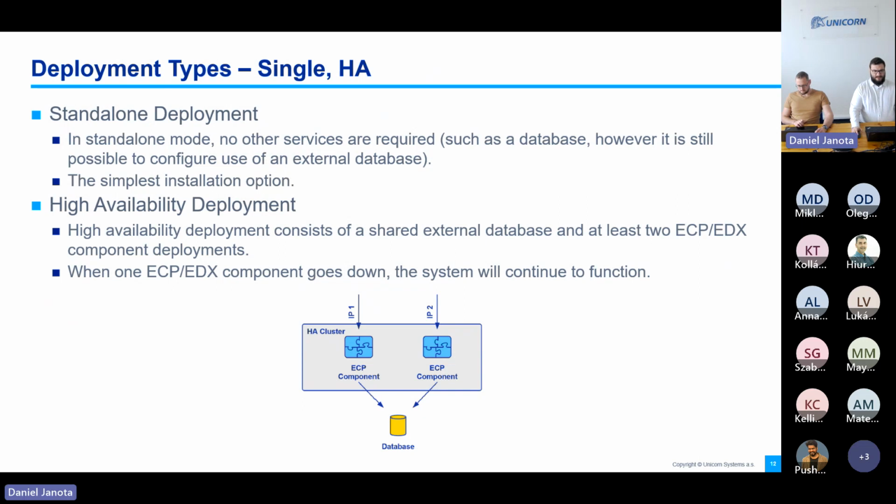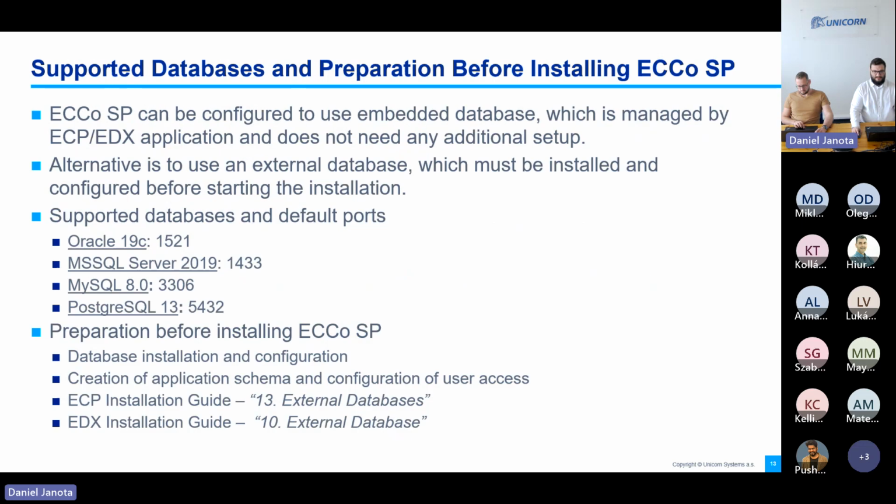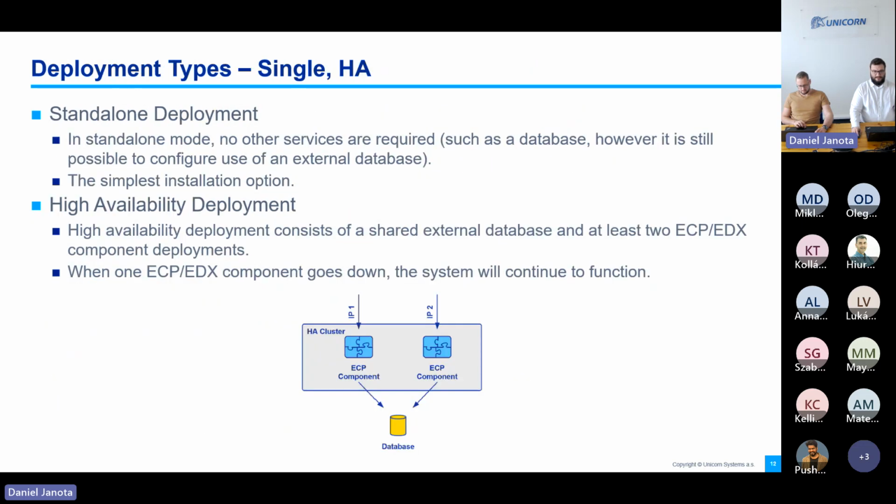Then we have the high availability deployment option, and that can be used for clustered deployment, etc. It is connected to an external database, so basically two nodes of the ECP component are connected to the same database, and they are running as one component.